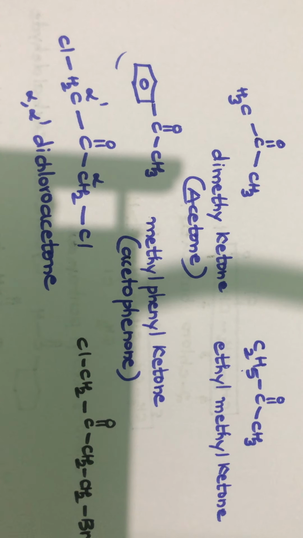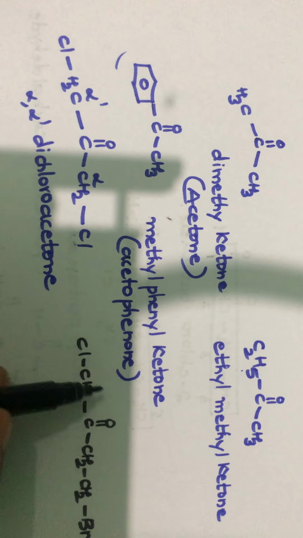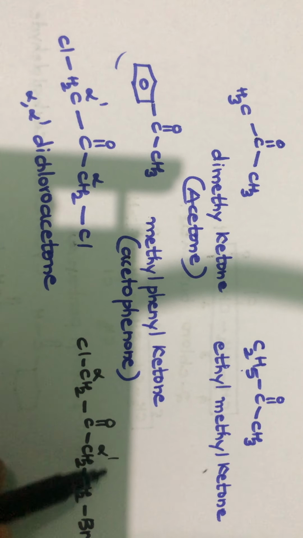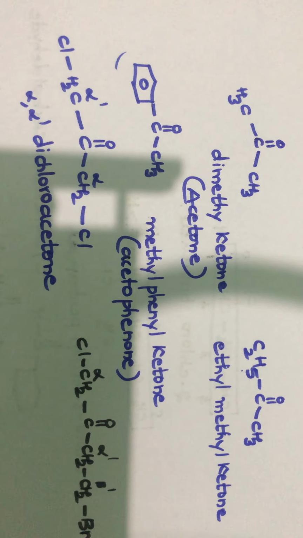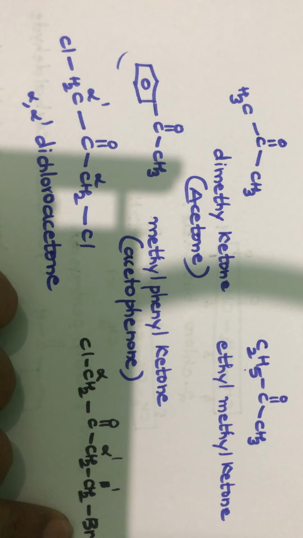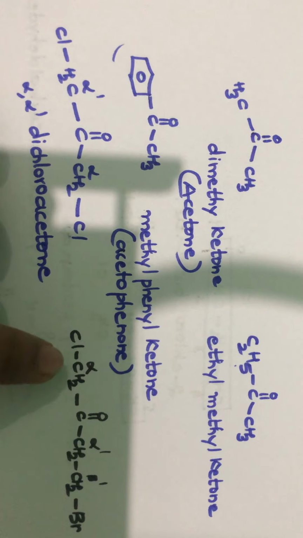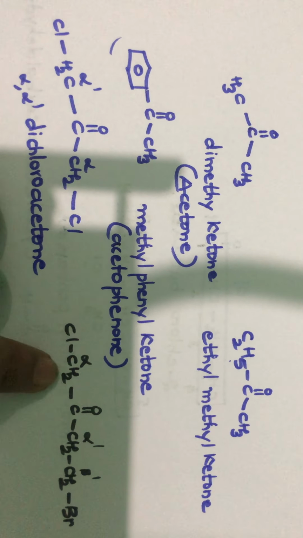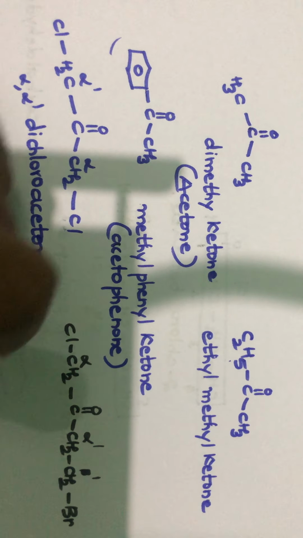Now one chain will be alpha, the other will be alpha dash, this will be beta dash. So there is a bromo group and two carbon atoms, bromoethyl. There is chloro and one carbon, chloromethyl. This is how it is named.